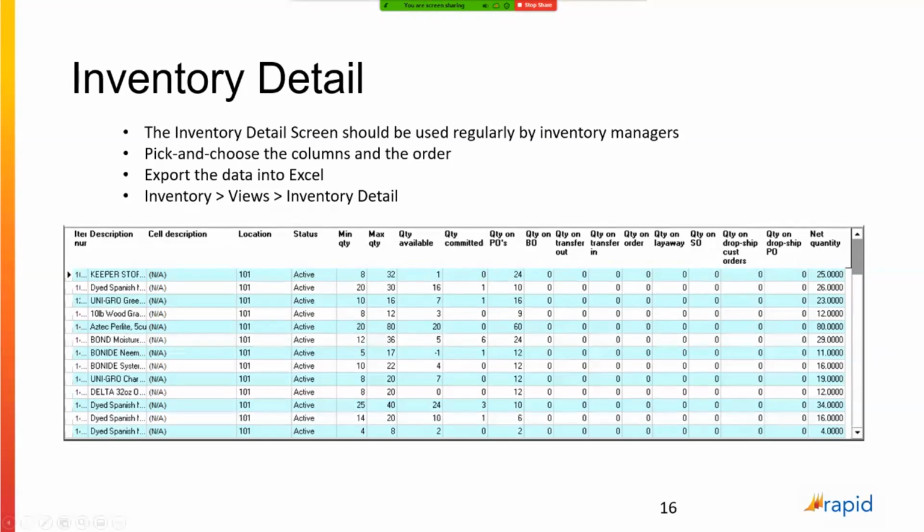But all of these columns are configurable, and you can see many different quantities that are available. So we can show what is committed, what we have on PO, what's on back order, what's in transfer between locations, what's on a sales order, a customer drop ship.